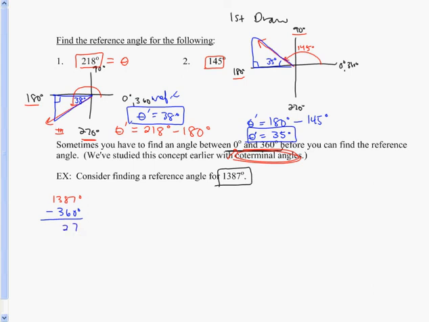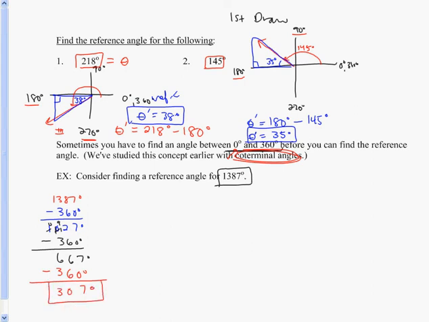So I'm going to subtract off. That gives me 1027. So that's still not between 0 and 360. I'm going to subtract off again. I'm going to do a little borrowing here, do my mathematics. Alright, still not between 0 and 360, so I'm going to subtract off again.